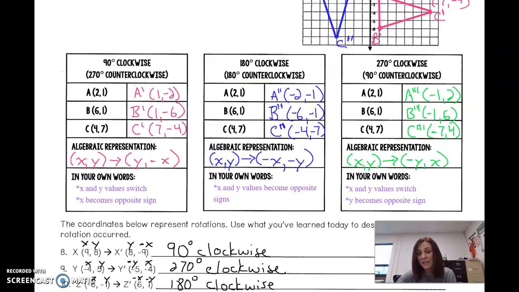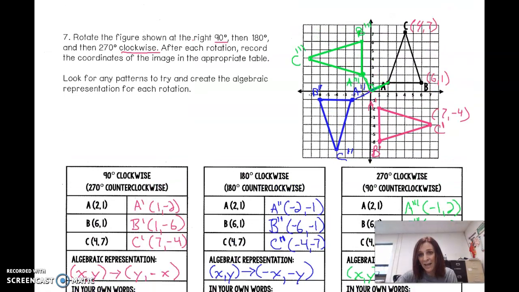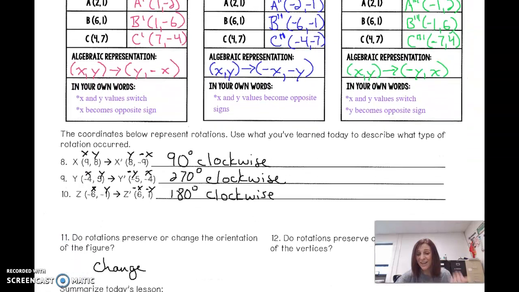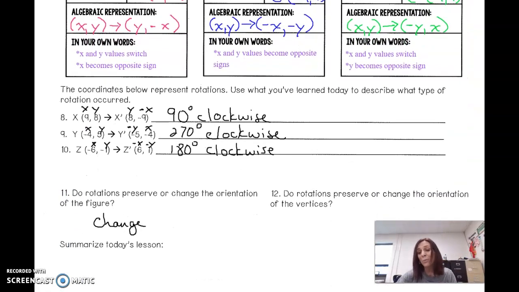Well, the vertices, if I go this way, A, B, C, I'm going counterclockwise, right? A, B, C, counterclockwise. A, B, C, counterclockwise. So even though the figure is facing a different direction, our vertices are still going the same way, clockwise or counterclockwise. So that's preserved. All right, so again, take a second to summarize today's lesson.